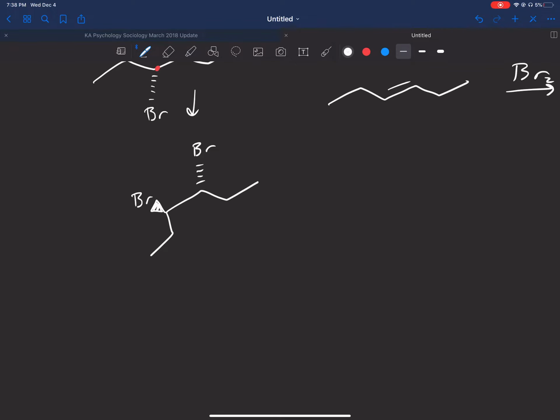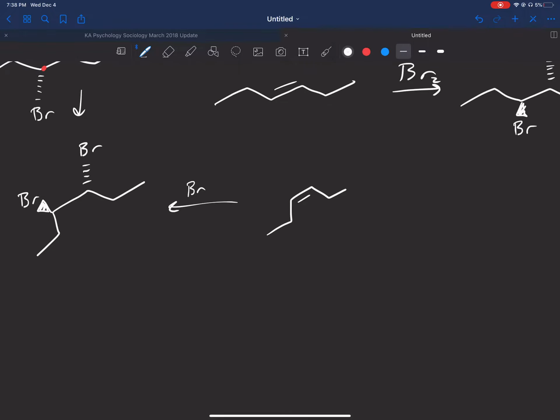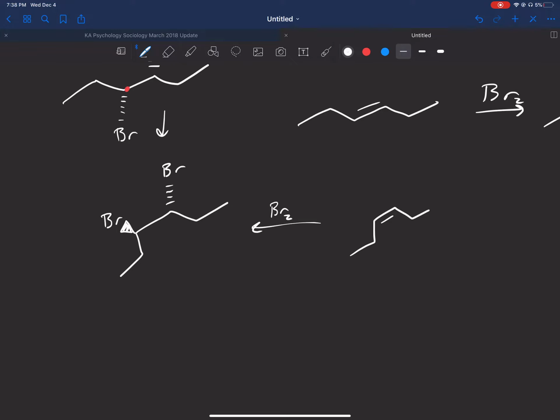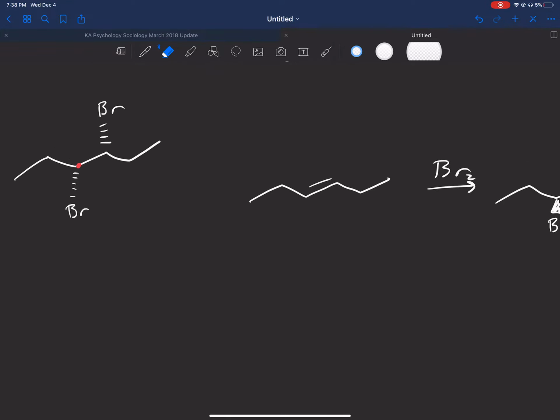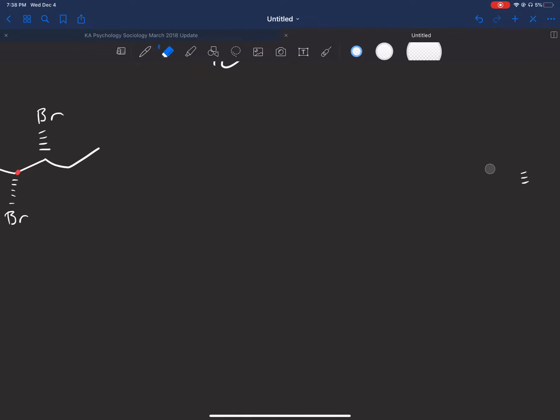So if we did Br2 to get that as the product, then our double bond should go right there. So let's draw what that's going to look like. So that would work. Oh, let's write Br2. So that would work. So what you should do, going backwards, is we're going to write Br2.